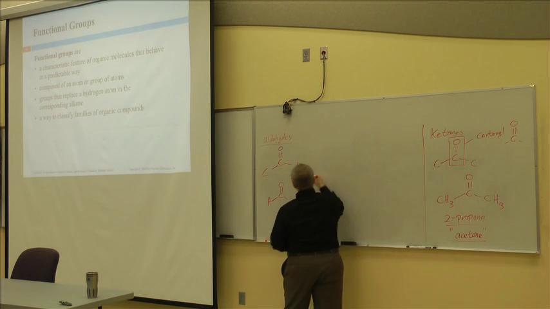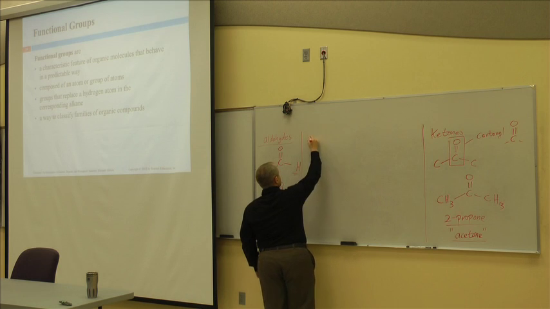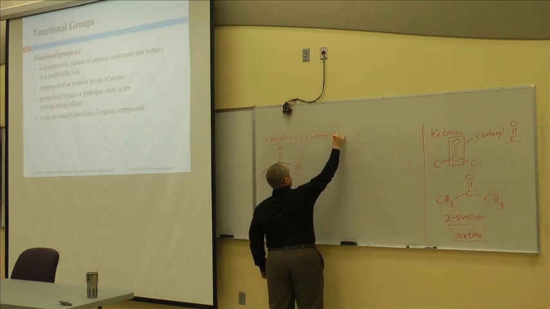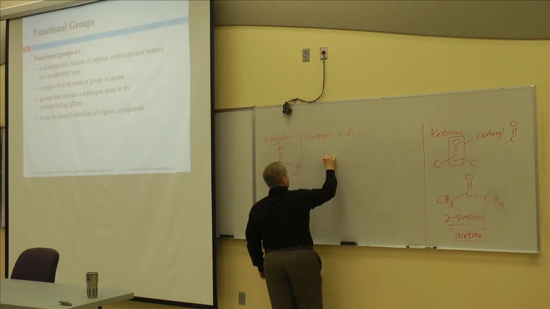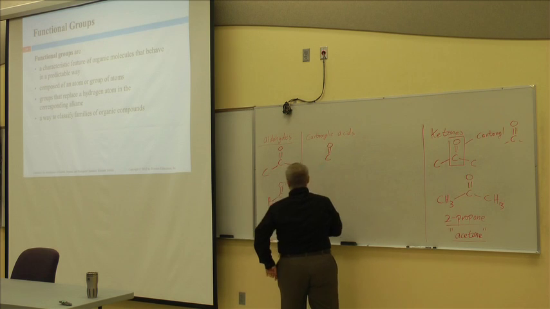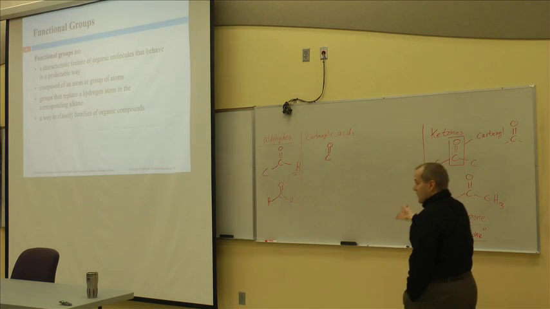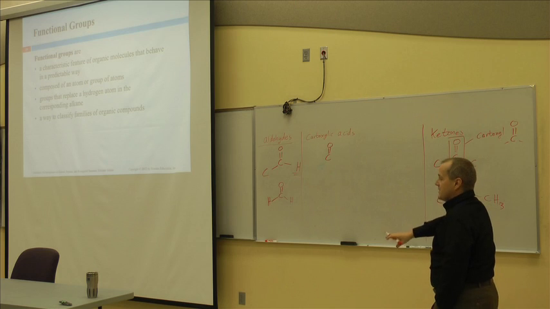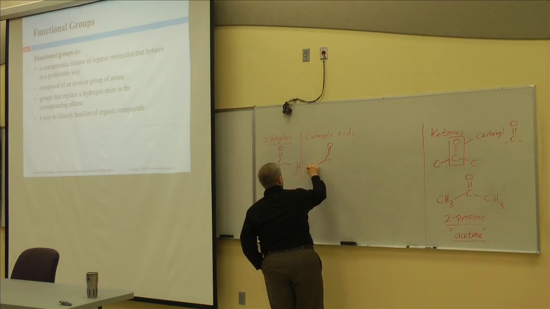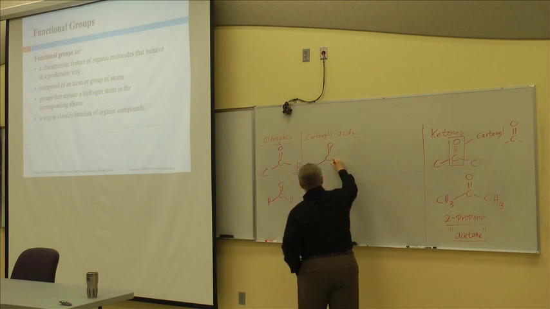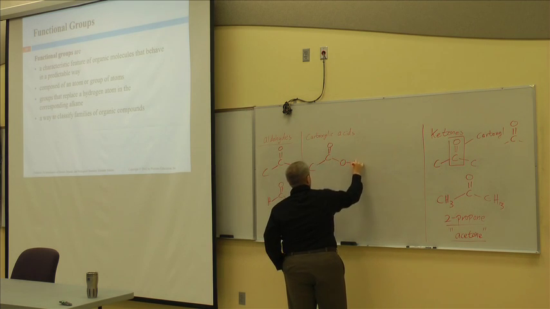Carboxylic acids. Now we have a carbonyl. So there's my carbonyl again. See how it's everywhere. There's a lot of classes of compounds that have carbonyl. On one side is a carbon. On the other side is OH.